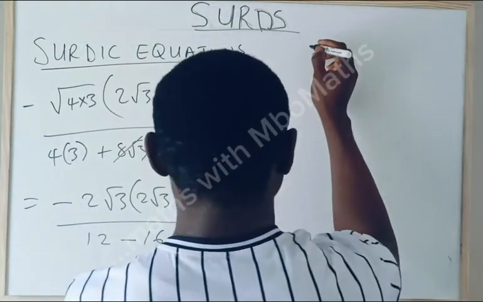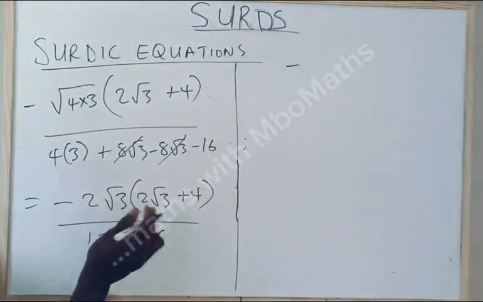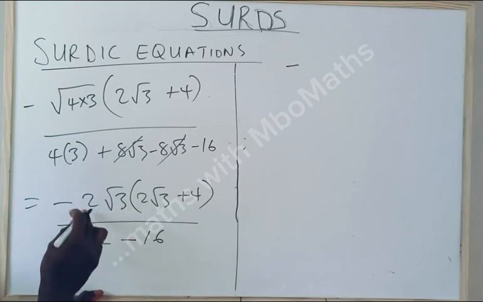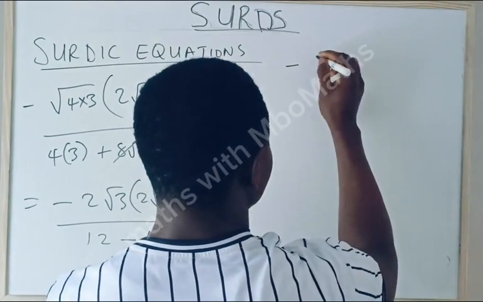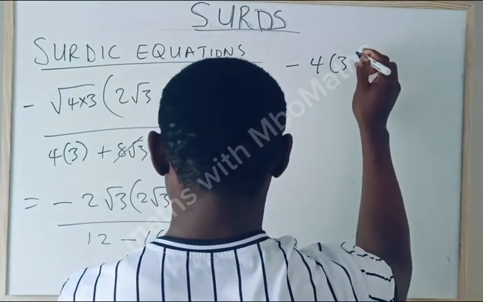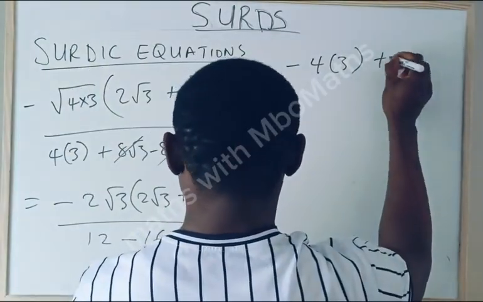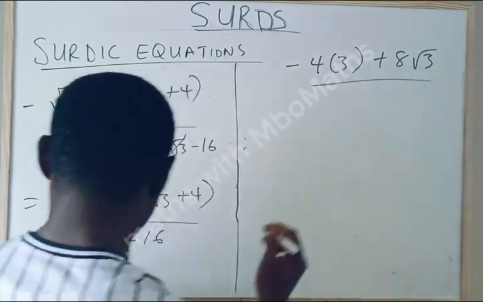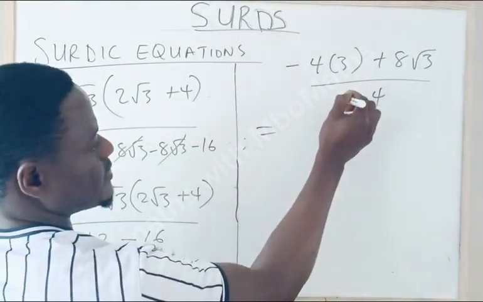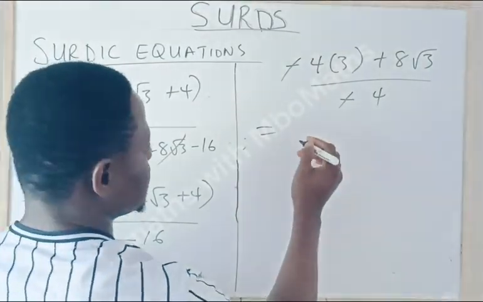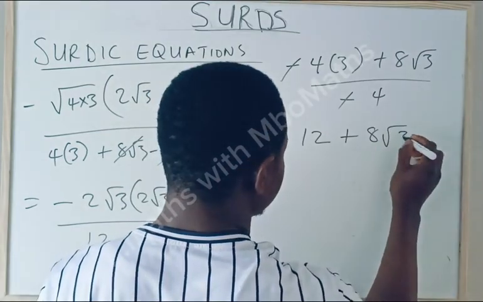Now this gives us minus, let's open here, 2 root 3 times 2 root 3, root 3 cancels root 3, it will be 2 times 2 times 3, which gives us 4 times 3, which is 12, and 2 root 3 times 4 gives us 8 root 3, so 12 plus 8 root 3, all over 12 minus 16 is what? Minus 4. So minus cancels minus, and this gives us 12 plus 8 root 3 all over 4.